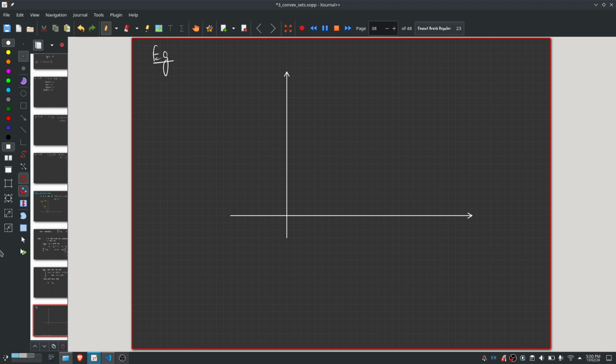What about, is a straight line a cone in general? Correct. So if it passes through the origin, then that would be a cone, right?